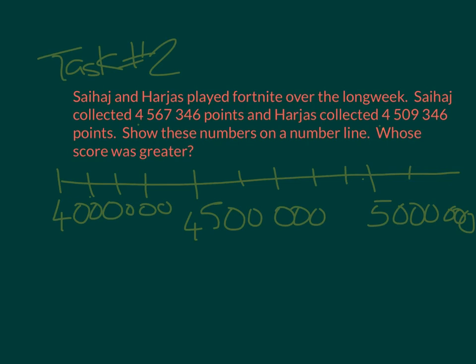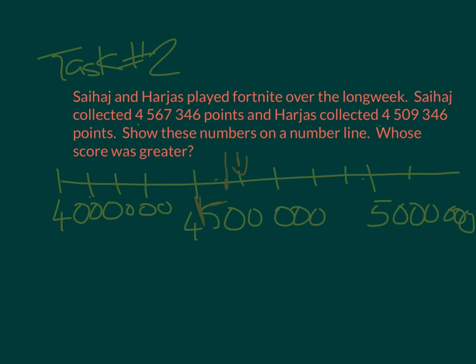Okay. And then I just go ahead and I start plotting my numbers into my number line. So I go, okay, let's look at this number. This is 4,600,000. So if this is 1, 2, 3, 4, 5, it is this spot right here. It means it is somewhere around, not quite at this one because this would be 4,600,000 right here. It's not there. It's somewhere here, but close to it.